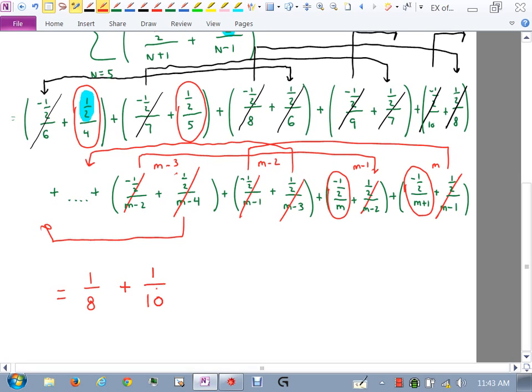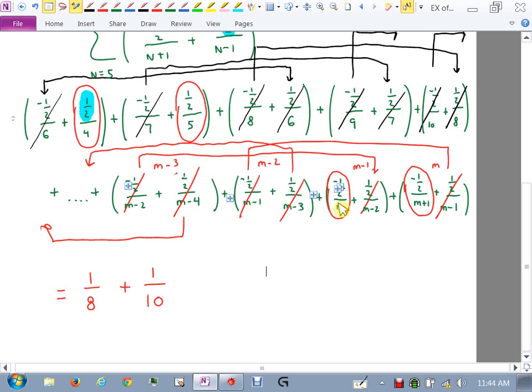Hmm. 1/2 divided by 5 is the same as 1/2 times 1/5, flip it, 1/5. Am I having a complete brain fart, or are you all having a complete brain fart right now? What's happening? I don't trust my math right now. My mind's elsewhere. Is this okay? Yes? We have agreement? Okay, so 1/8 and 1/10.